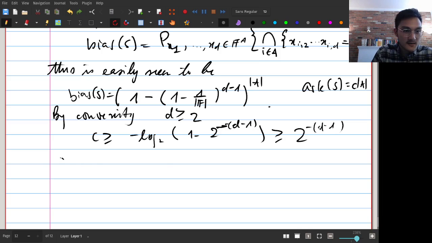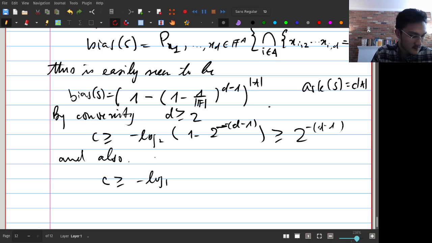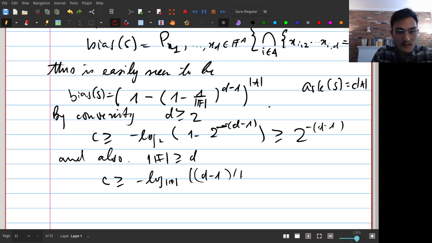Okay, and also you can check that c is greater than minus log base size of F of 1 minus 1 over size of F to the d minus 1, if F is greater than d.